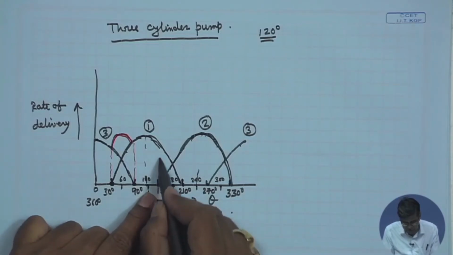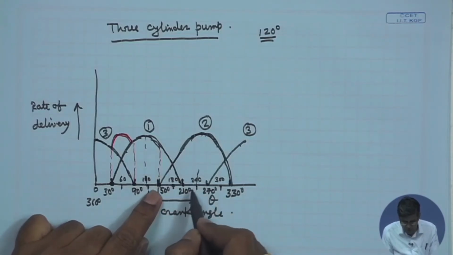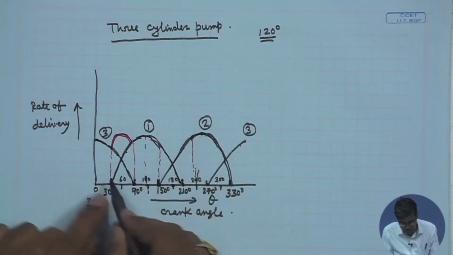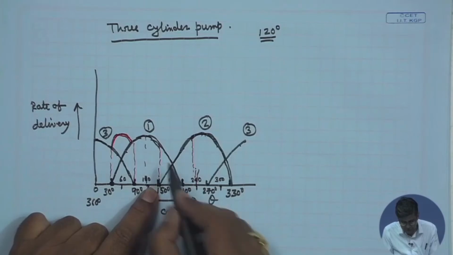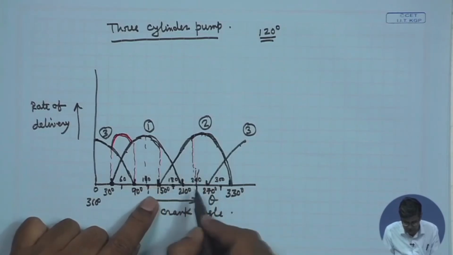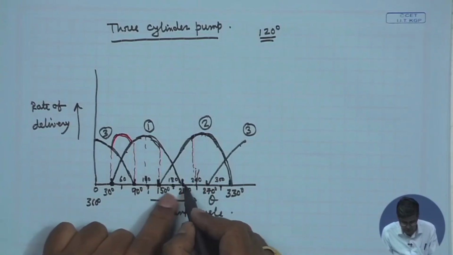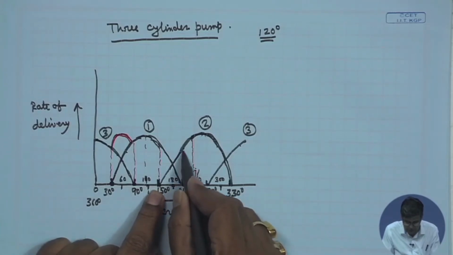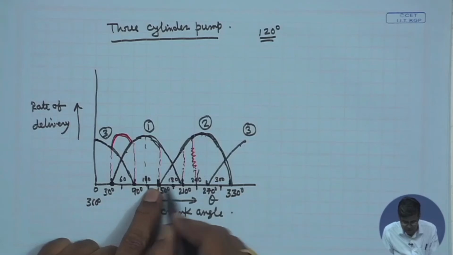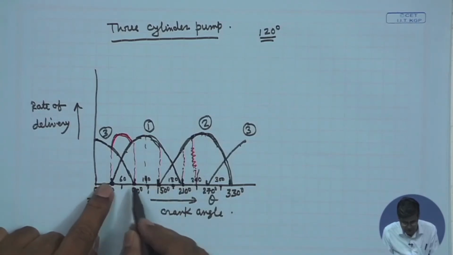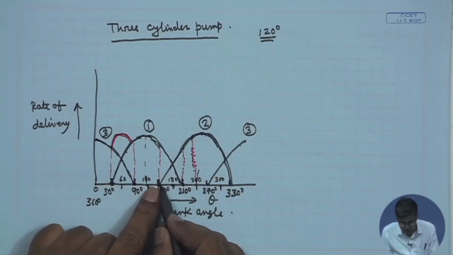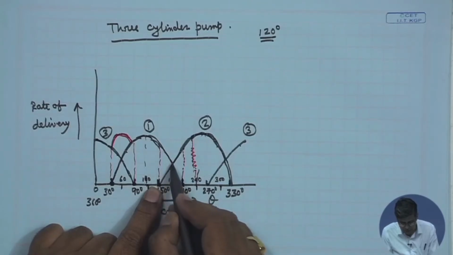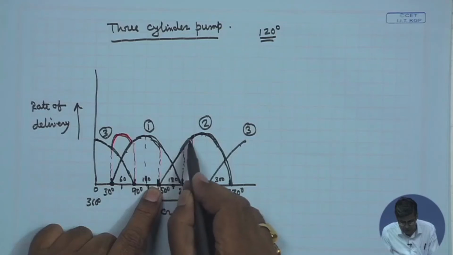Similarly, from 150° to 210° there is an overlap; the scaling is also not that good. After 150, up to 210, there is an overlap between the discharge of cylinder 1 and cylinder 2.